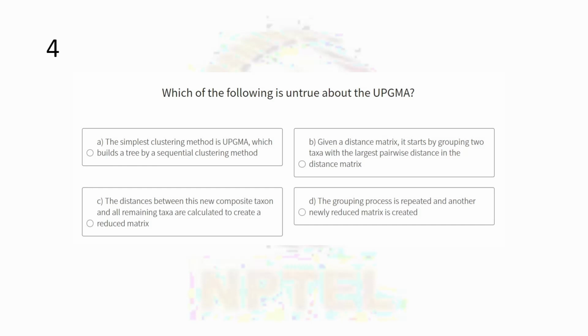The first option says the simplest clustering method is UPGMA, which builds a tree by sequential clustering. Option B tells, given a distance matrix, it starts by grouping two taxa with the largest pairwise distance in the distance matrix. Option C tells the distance between this new composite or combined taxon and the remaining taxa are calculated to create a reduced matrix. Then option D tells the grouping process is repeated and another newly reduced matrix is created.